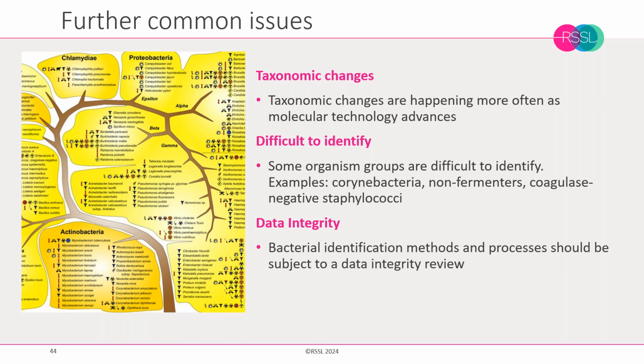As molecular technology advances, it's whether we're keeping up to date with those taxonomic changes to our databases and understanding what they are. So the common Pseudomonas aeruginosa that we use as a common QC strain has now been reclassified as Pseudomonas paraeruginosa. So a slight difference, but something to keep in mind.